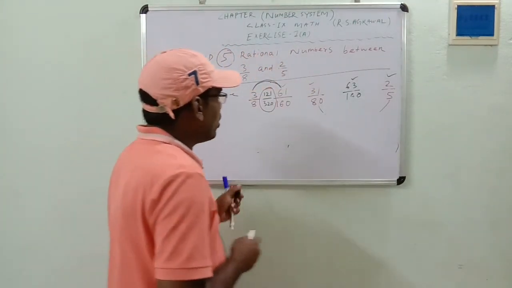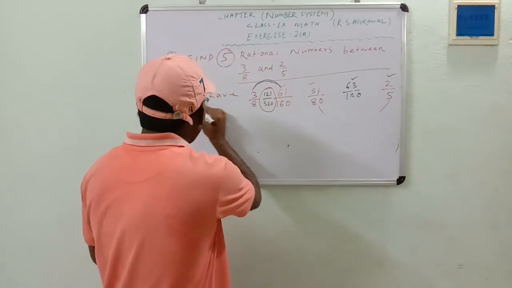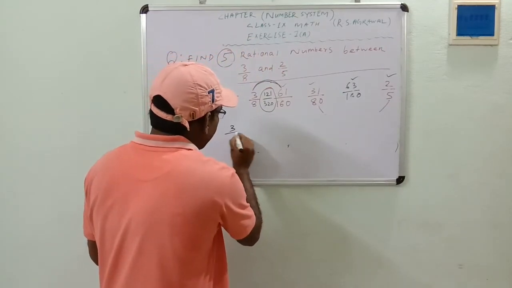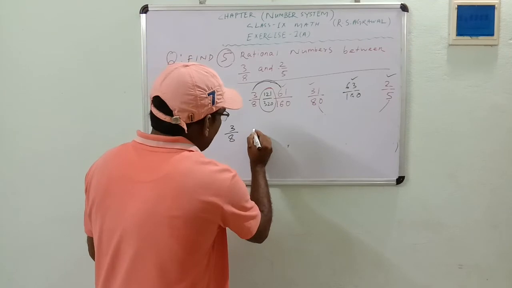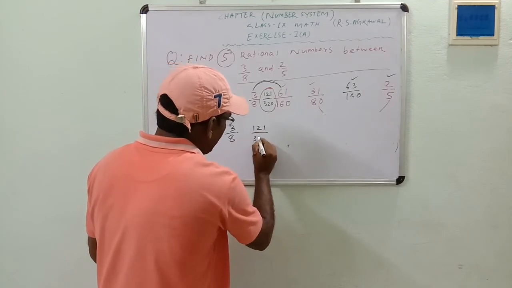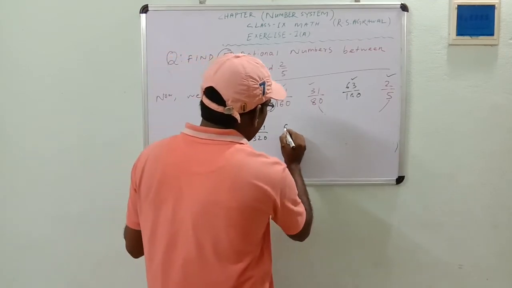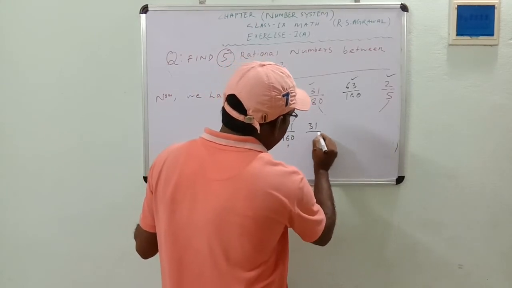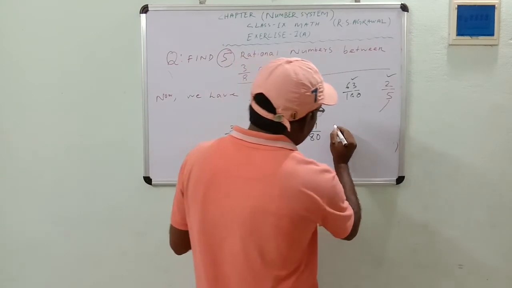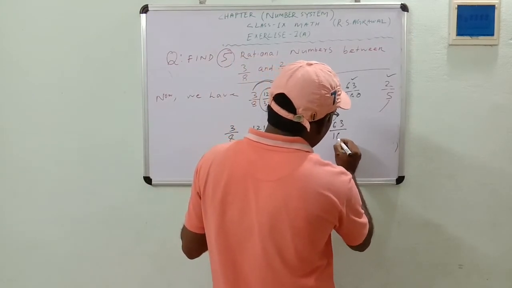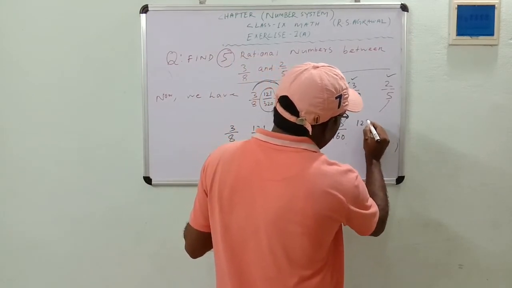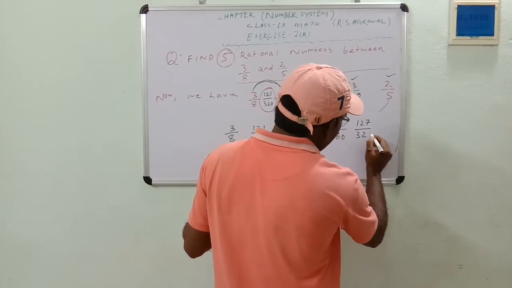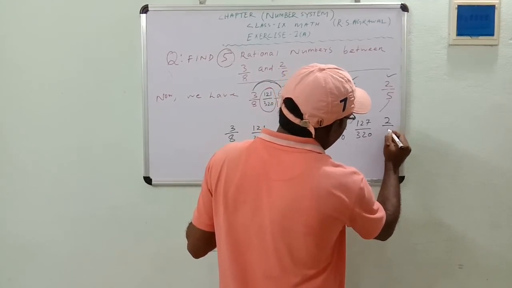So finally we got 3 by 8, 121 by 320, 61 by 160, 31 by 80, 63 by 160, 127 by 320, and then 2 by 5.